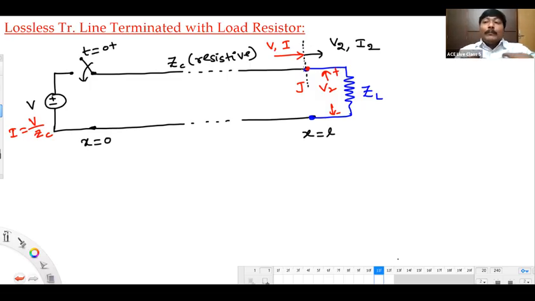But for our mathematical study, I will be assuming that a voltage V1 is added to V in such a way that V plus V1 is equal to V2. Practically, there is no meaning of adding V1. After reaching the junction, the resultant voltage is V2, so the voltage on the transmission line is modified to V2 continuously.